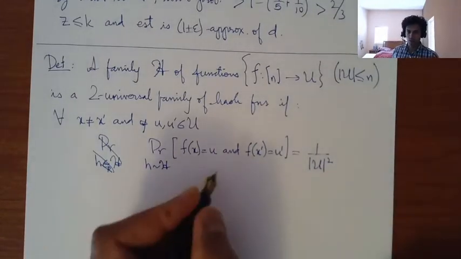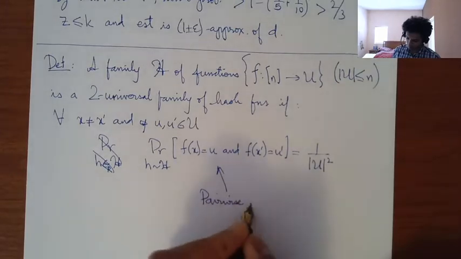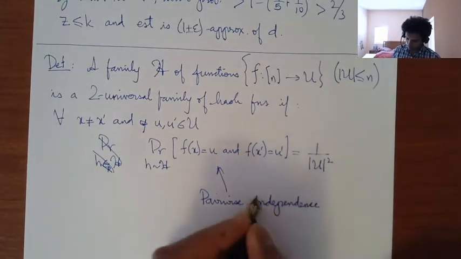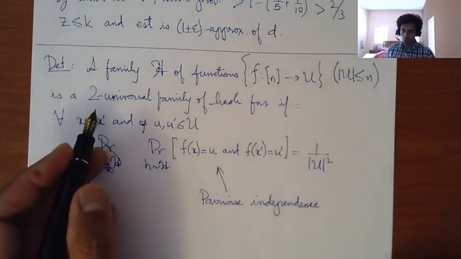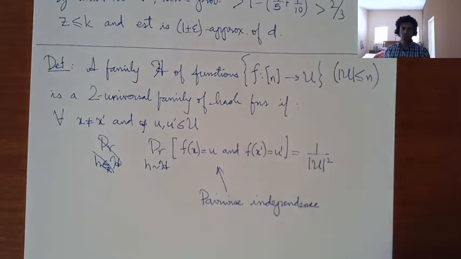So this is pairwise independence. A 2 universal family of hash functions gives pairwise independence.